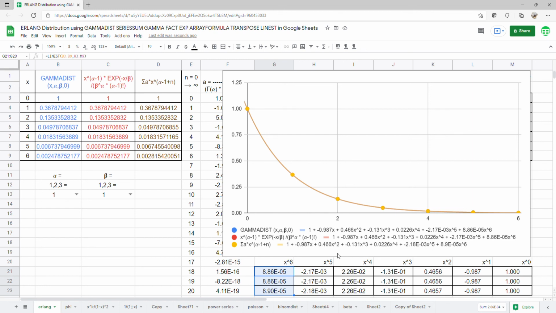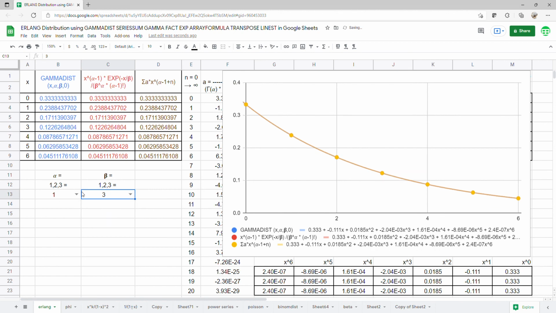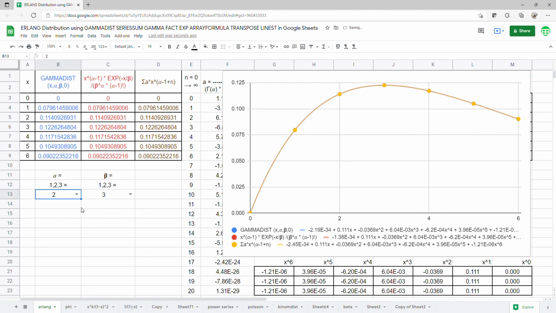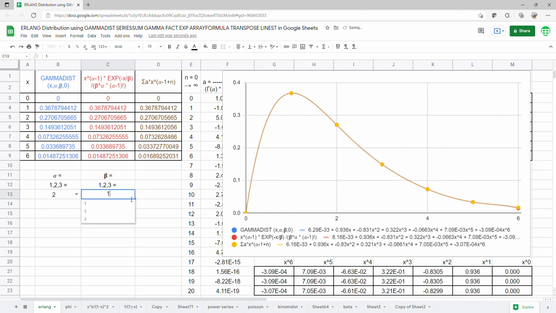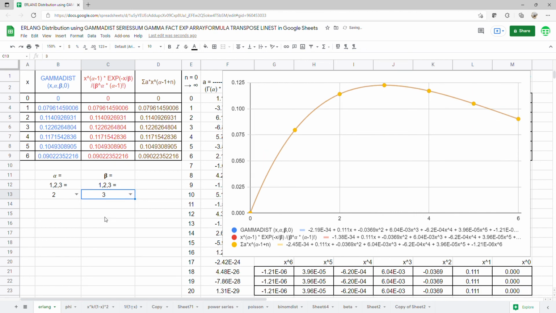Next, we continue with beta equals 2, beta equals 3. Again, we go back to alpha, set alpha equals 2, and our beta starting from 1, then continue with 2, and continue with 3.